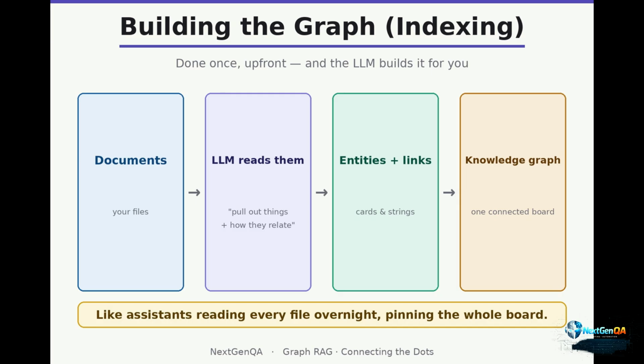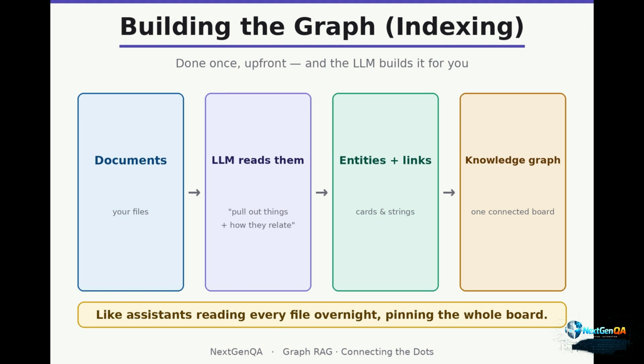We take each document and hand it to the AI with a simple instruction: read this and pull out the important things and how they relate. The AI reads the text and returns two lists, the entities it found and the relationships between them. The entities are the cards and the relationships are the strings.